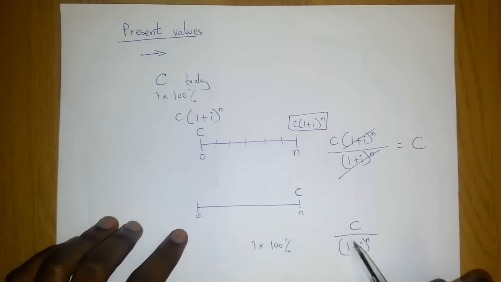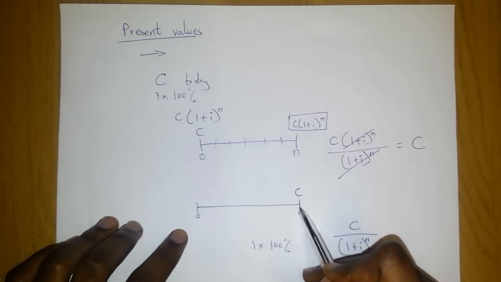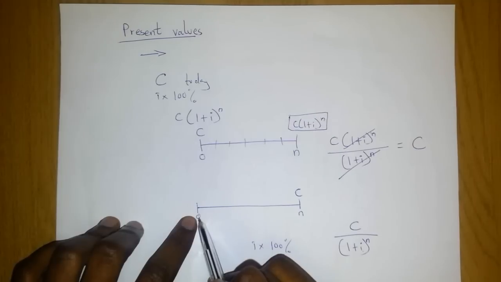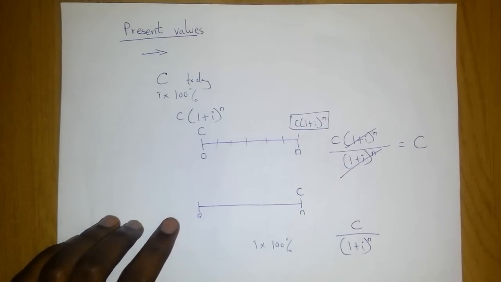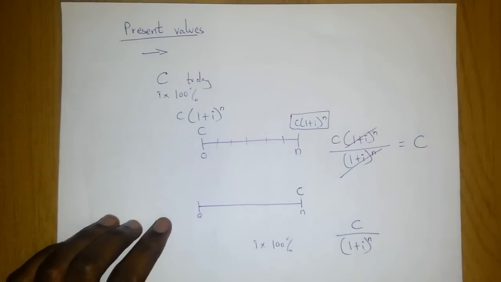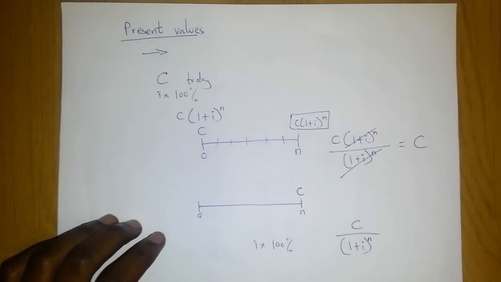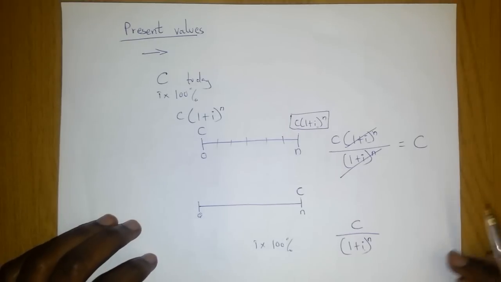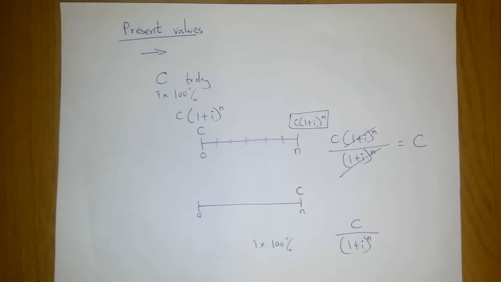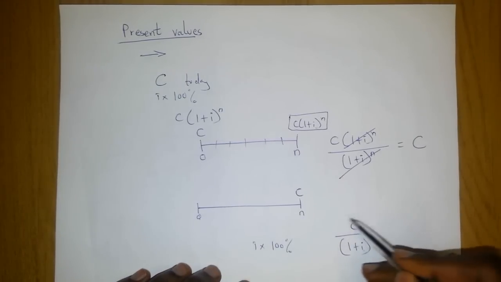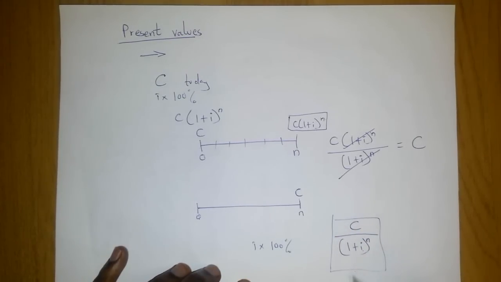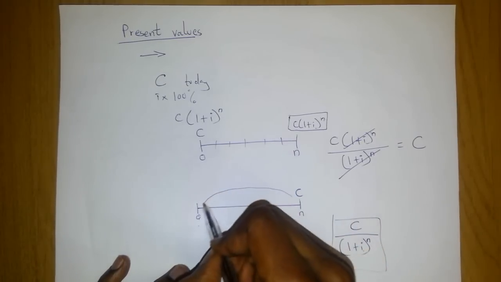That will be the value of this investment at time 0, which we can consider to be the present time. So we say that the discounted present value of C due at time n is given by this. This is its present value. The present is time 0. You just take it back here.